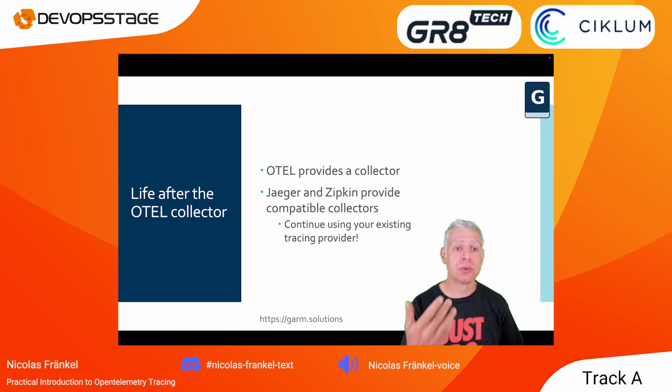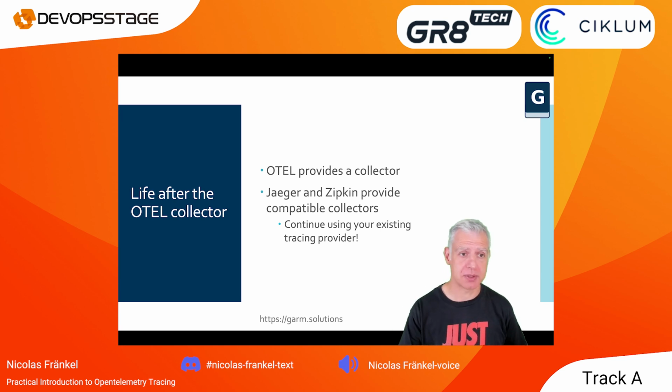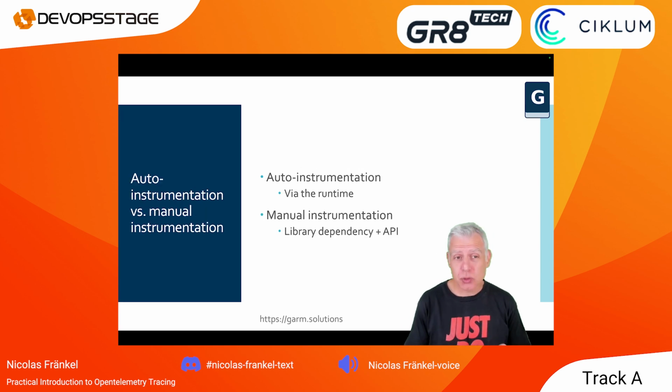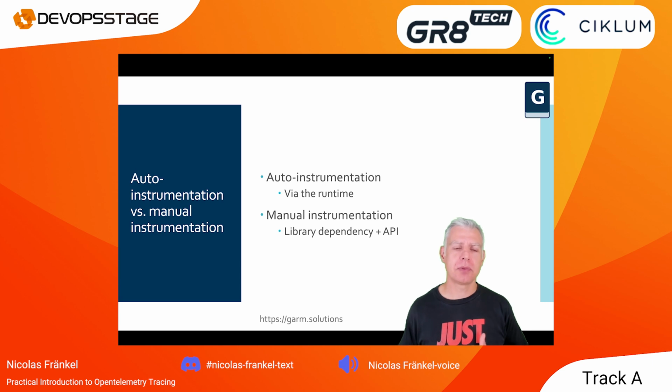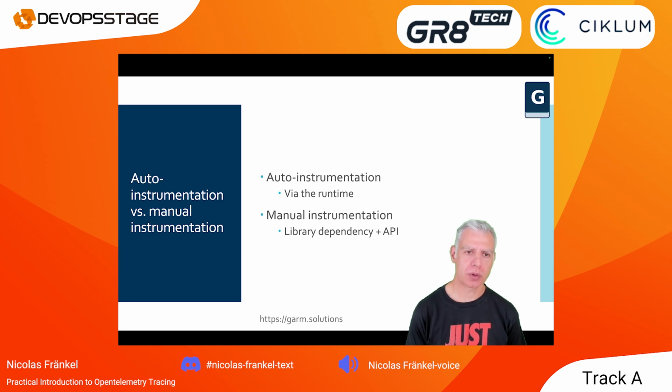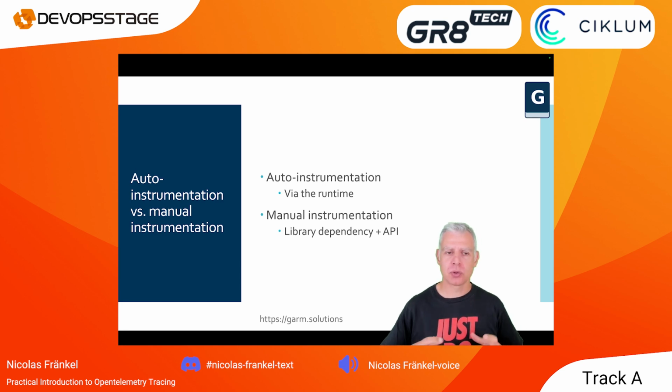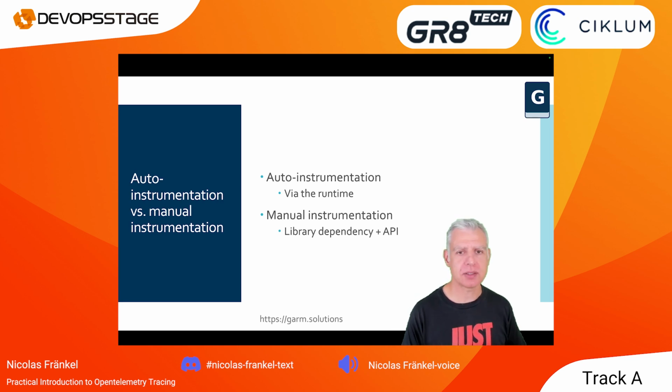Now, how do you do it? How do you send OpenTelemetry data? Well, there are two different ways to do that from the point of view of a developer. The first question is, on which stack are you working? For example, do you have a runtime? That's the most important question.